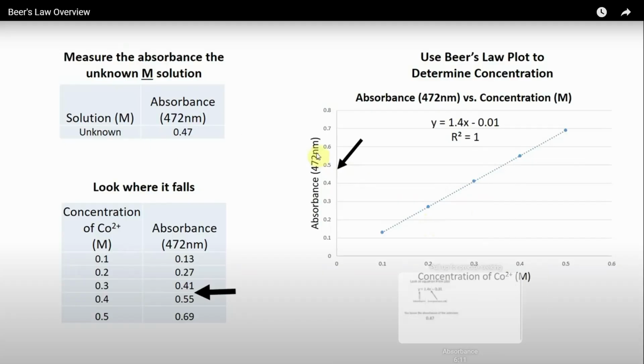You can read across and then read down and get the concentration. Or if you want to be even more precise with it, you can use your y equals mx plus b and plug in 0.47 for the y value and solve for x. Yes? And I think that's as far as I got with my other class.